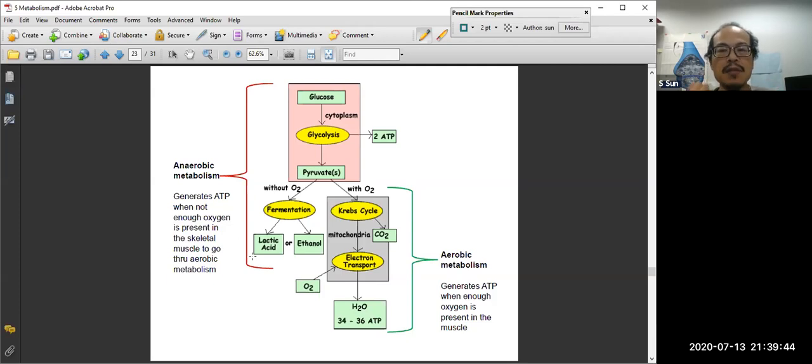So sometimes muscle burns glucose without oxygen. Not all the cells have enough oxygen to use, so the oxygen distribution will not be even. Some cells will run with oxygen, but some cells will run without oxygen. So after very intense exercise, some muscle will produce a fair amount of lactate.